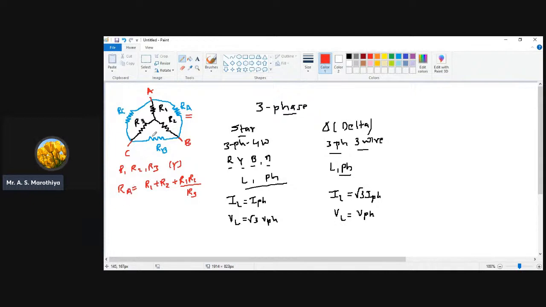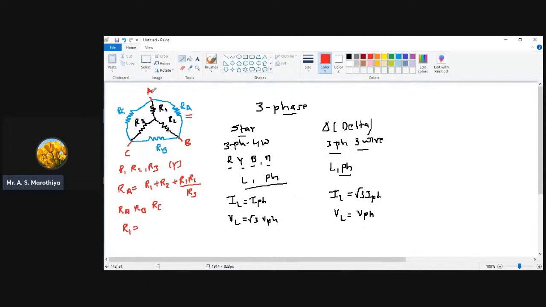In the same way, if you know the values of RA, RB and RC, that means you know the delta equivalent representation of a three-phase connected load and your objective is to find its equivalent star configuration, that means you want to find the value of R1, we can find it like this.